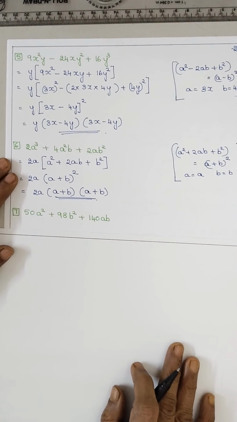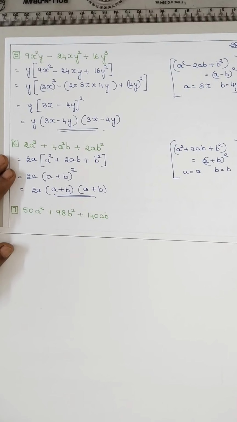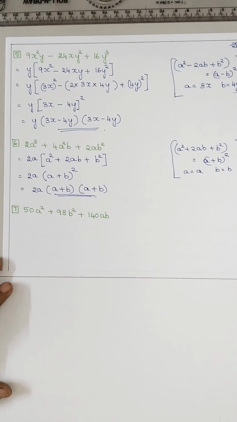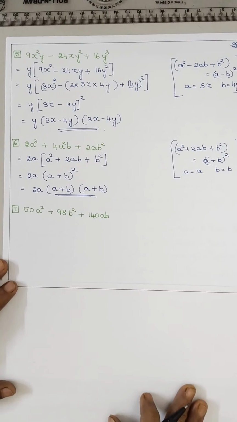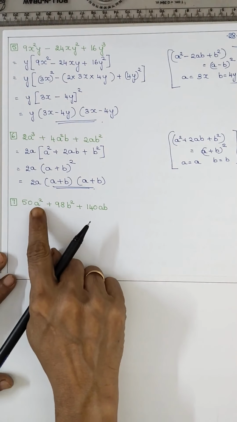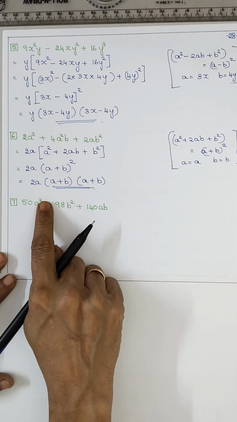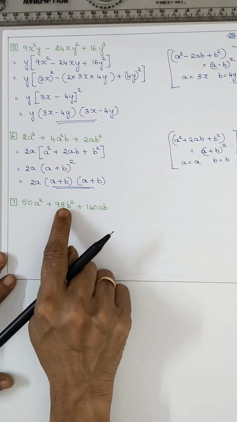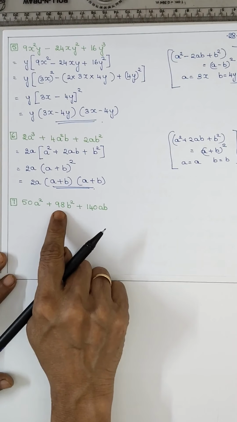Understood how to take the common term out? Again in the seventh sum, see, 50a squared. A is in square, but 50 is not a square. Now b is square, but 98 is not a square.